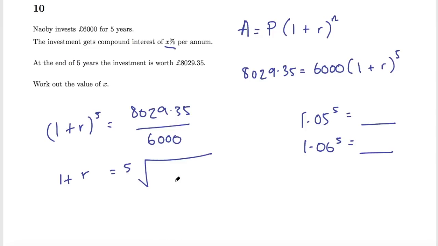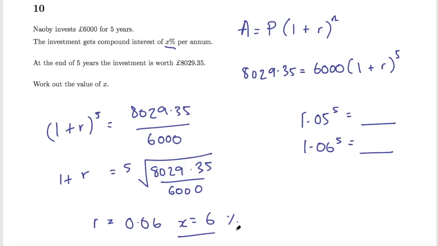And if you put that into a calculator, and then obviously you have to subtract 1 at the end. If you work all of that out, you get R equaling 0.06, which is 6%. Well, they've called it X, so we should call it X in our answer. So X equals 6%.